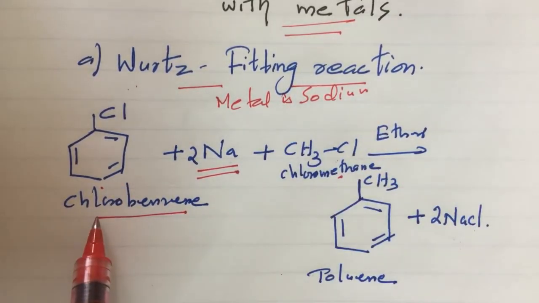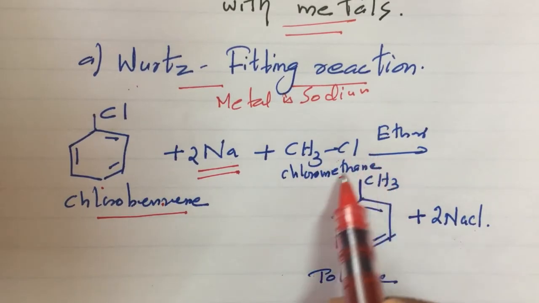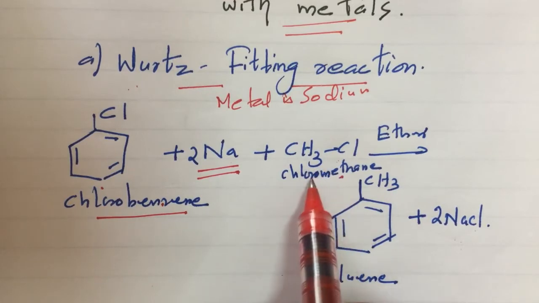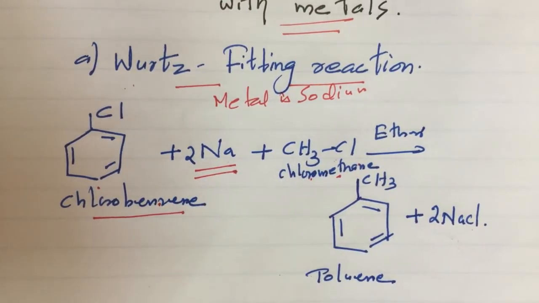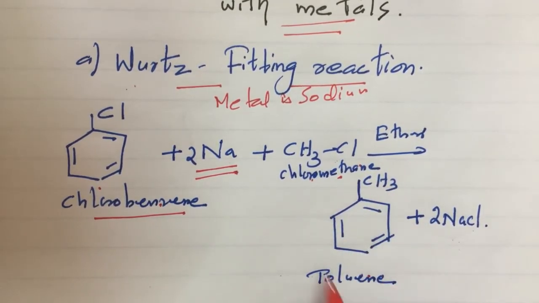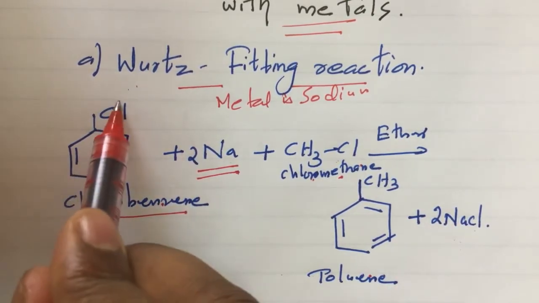The starting material is any haloarene. The second reactant is a haloalkane or alkyl halide. Here the alkyl halide is chloromethane. Then the product is toluene, benzene with CH3. How to make this product? It's very simple.